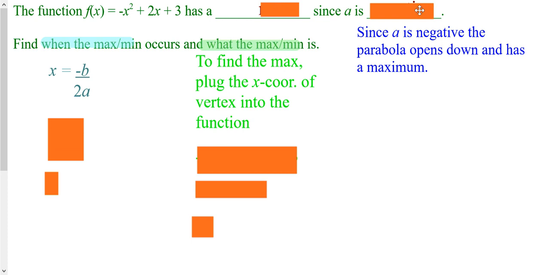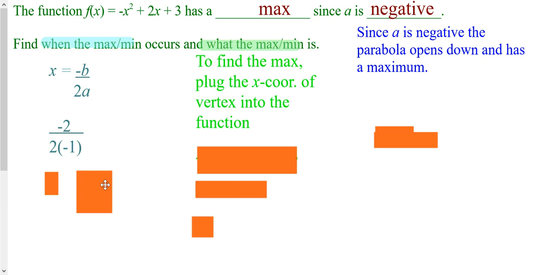Because a is negative, we know that we have a maximum, because if a is negative, it opens down and it would have a top point. So when your max or min occurs is the x coordinate of the vertex, which is negative b over 2a. So if we plug in negative b over 2a, we end up getting 1. That's when it occurs.